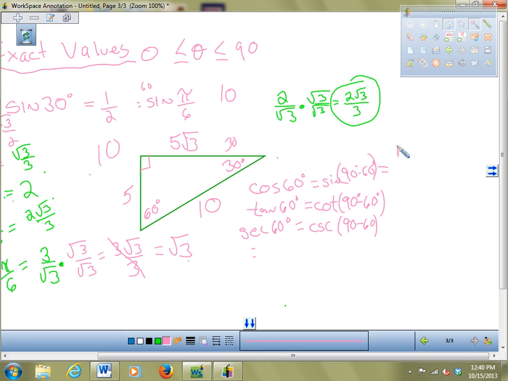What's the sine of 30? 1/2. Tangent of 60 is the same as the cotangent of 30. What did we say the cotangent of 30 was? Root of 3. So that's root of 3. The secant of 60 is the same as the cosecant of 30. Now what did we figure out that the cosecant of 30 was? Did we do that one?